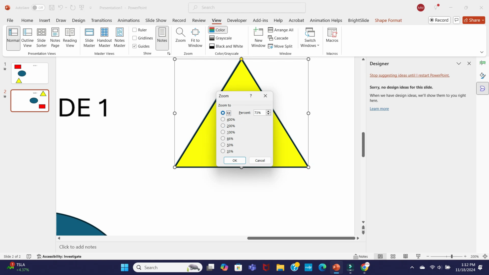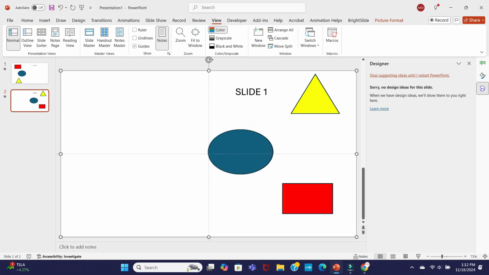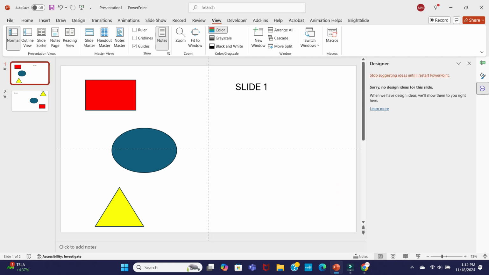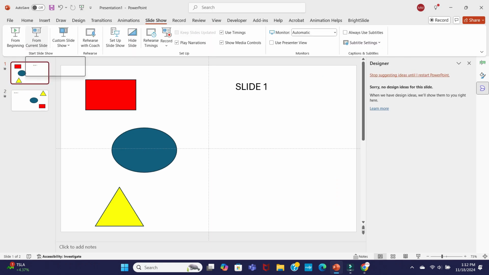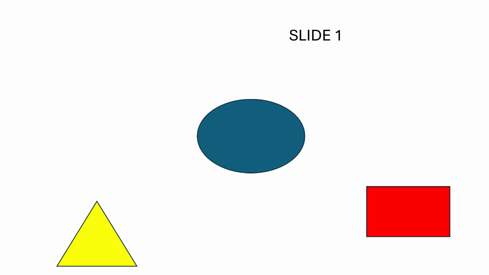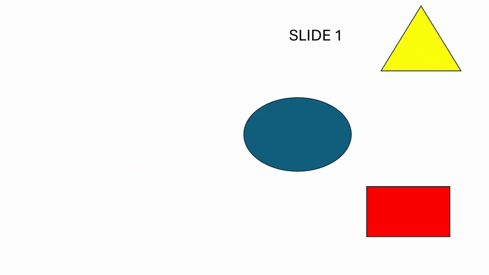Now what I'm going to do is delete the picture, and let's see what the presentation looks like, or the slideshow. All right, let's start with slide 1. Let's run the animations. And now as I go to the second slide, look at that, there was absolutely no movement.